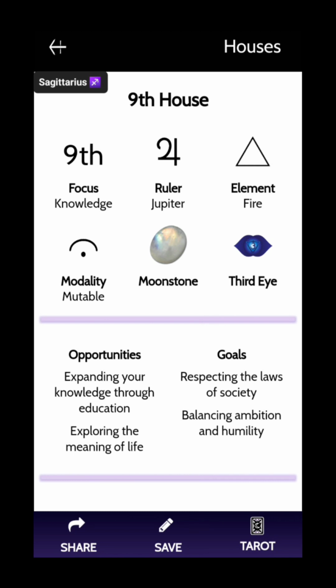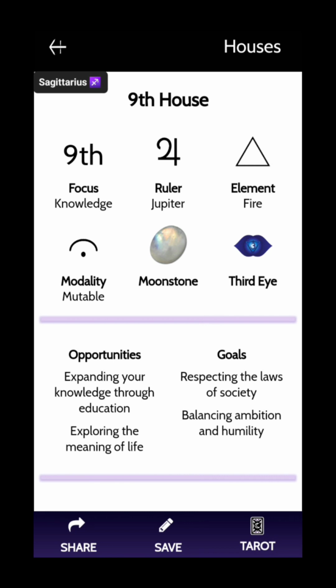The ninth house also represents grandchildren, in-laws, outside family, okay? It represents teachers and gurus. The ninth house can also represent media and publishing, religion, and belief systems.